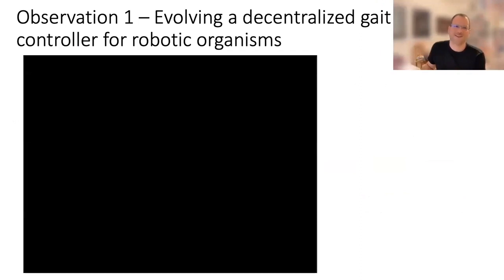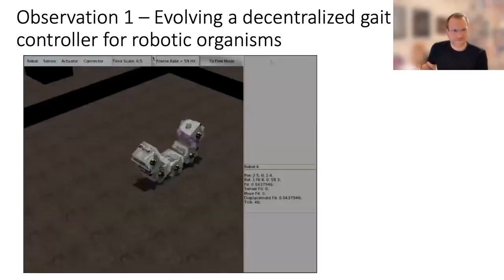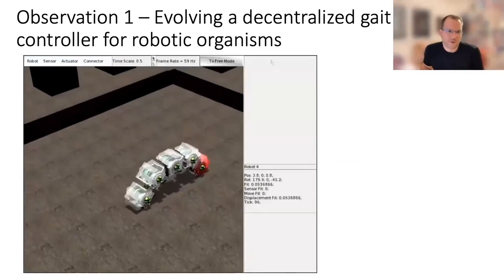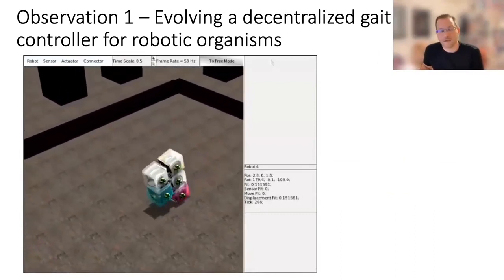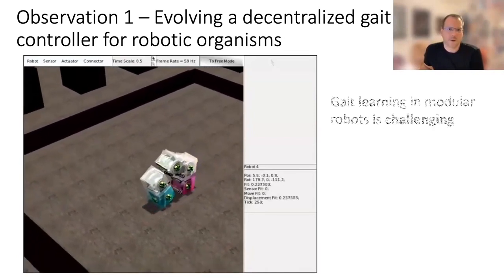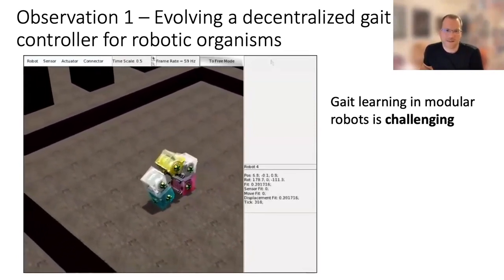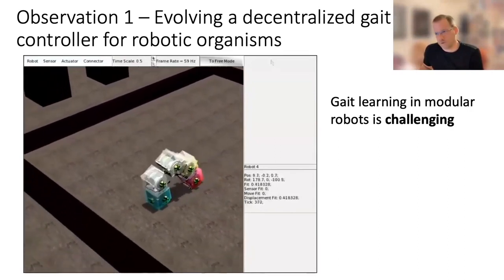And this is where the fun starts. We're going to show you three different observations, and I'm starting with number one. Evolving a decentralized gate controller for robotic organisms. In this video, I'm going to show you the results from many evolutionary runs where we try to evolve gates for multi-modular robots.